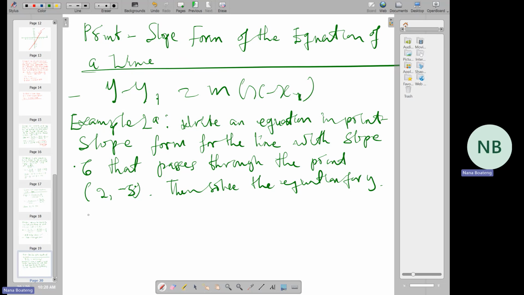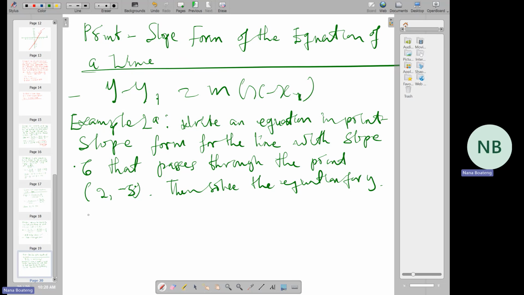All right, so y minus -5 becomes y plus 5 is equal to 6 times x, which is 6x, minus 6 times 2, which is 12. If we subtract 5 on both sides, then we have y is equal to 6x minus 12 minus 5, which equals 6x minus 17. So this gives us the equation of the line that we are looking for.